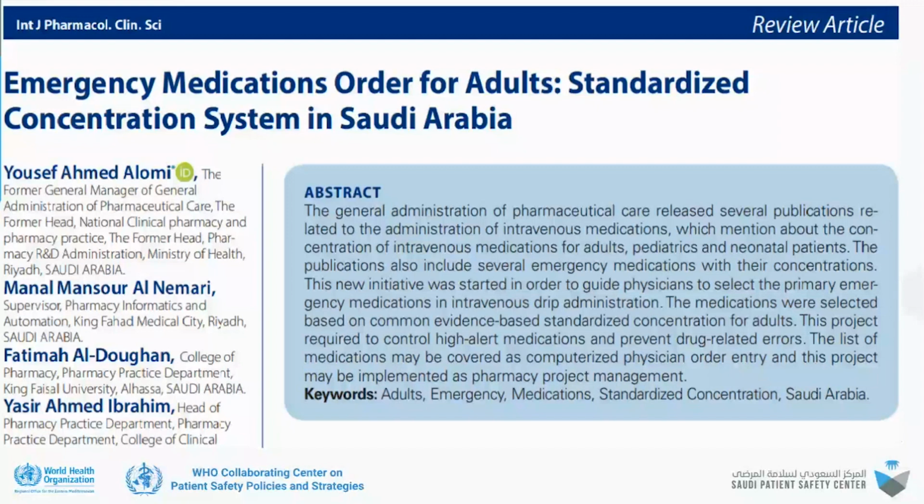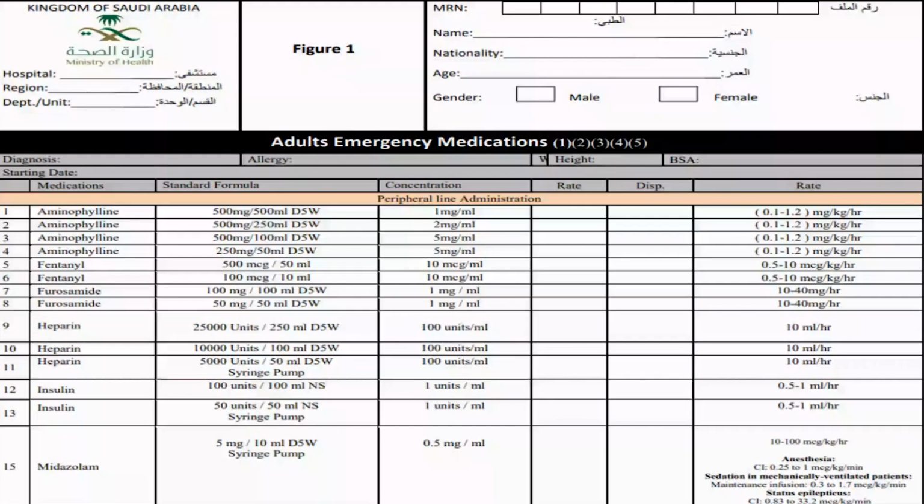We started to standardize to prevent medication error. In some hospitals we don't have IV admixture or standardized IV admixture, and the nurse should prepare all the medication, and the nurse will ask which medication, what's the concentration, what's the maximum rate of infusion, shall we give it by peripheral line or central line, what's the maximum rate.